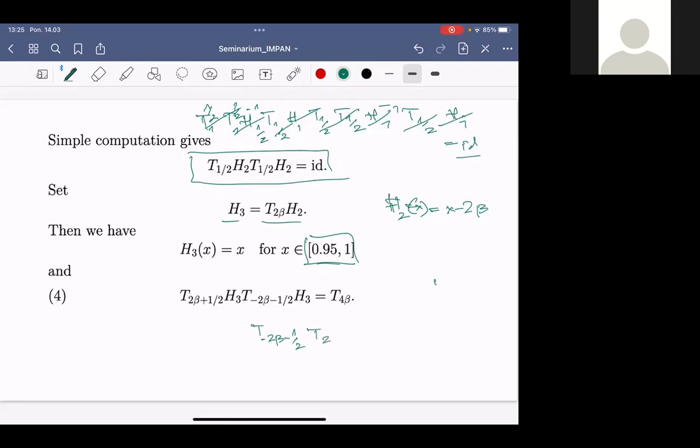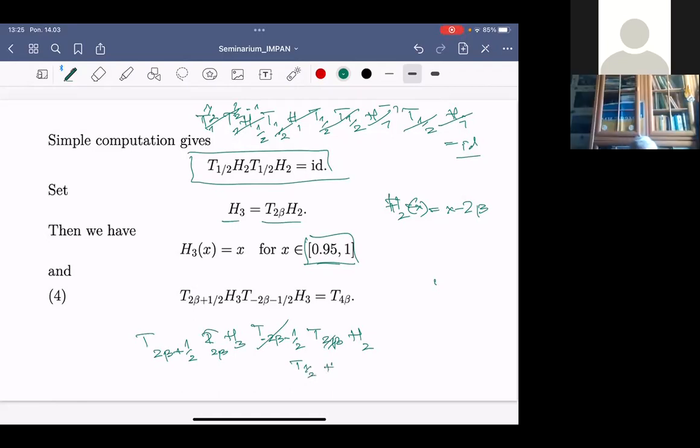Here we have T2 beta H2, and here we have H3, T2 beta, and here we have T2 beta plus 1/2. So what we obtain finally, this will cancel with this and remains 1/2 or minus 1/2. It doesn't matter because it is modulo 1.